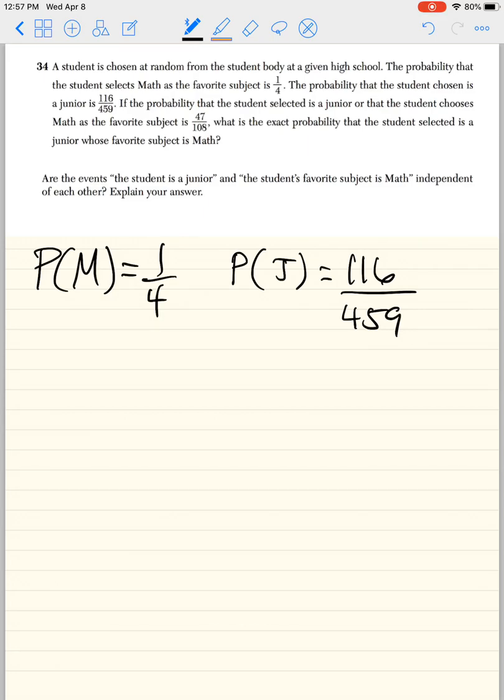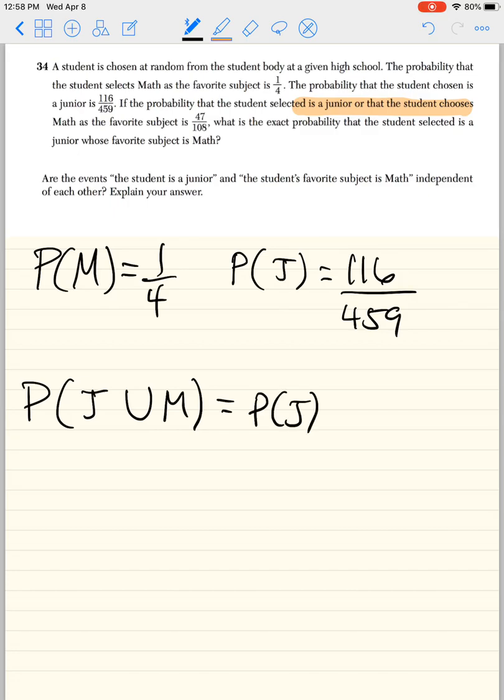If the probability that the student selected is a junior or, so if you forgot the or, you have to go back to that video. So junior or that the student chooses math. Let's write that down. Junior or math is equal to junior plus the probability of math minus their intersection.